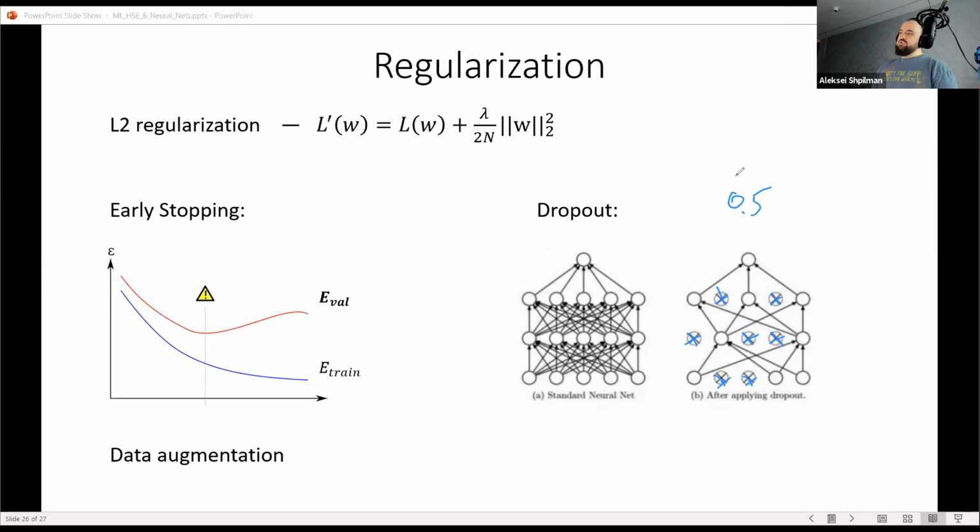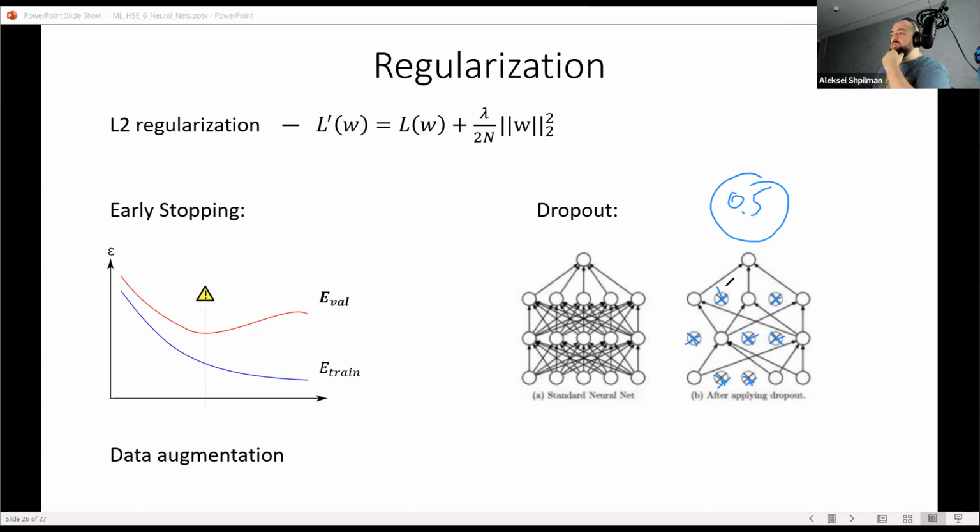And 0.5 is actually a very common coefficient of dropout. A 0.5 is what is mostly used by default. You can, again, using validation, change it and try to find the best one, but 0.5 almost always works. Now, there is a thing to follow here.